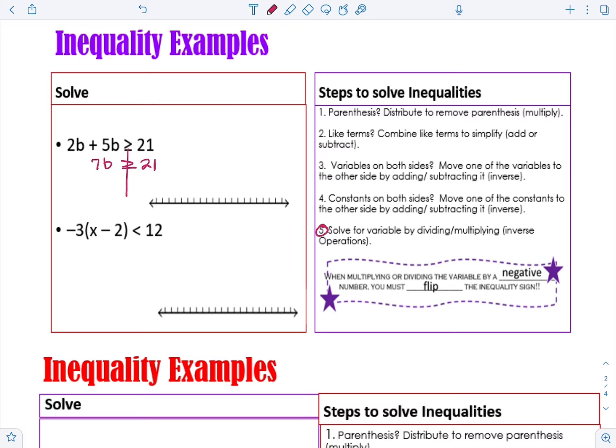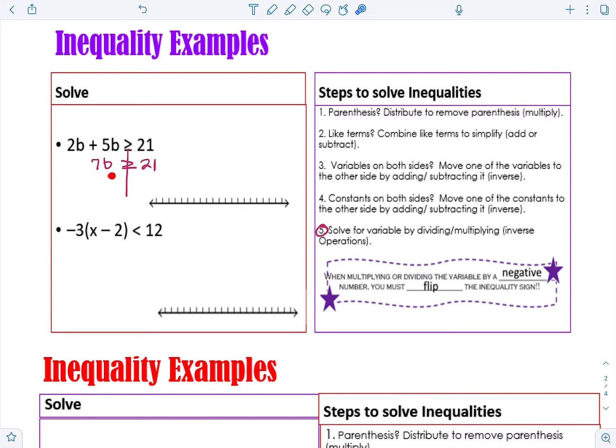All right. And then we go through the next steps. Are there variables on both sides? Well, no, there's only a variable on the left side. Are there constants on both sides? Well, no, there's only a constant here. So we're skipping, and now we're down to step 5. Solve for the variable b by dividing or multiplying, using inverse operations.